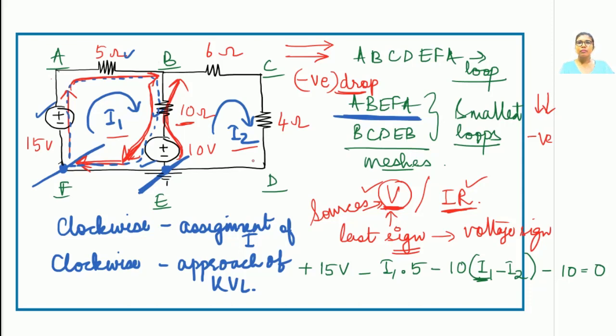If both are in the same direction, it is a negative drop. If they are not in the same direction, it has to be considered as positive. So this is the first element that we come across, that is a voltage source. Now what is the last sign encountered? It is plus. So it will become plus 10 volts.